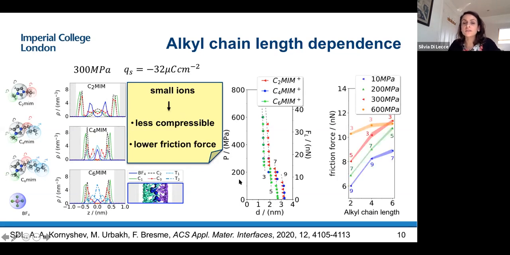The friction force, we notice, is actually increasing with the chain length, and this is happening for all the pressures analyzed. However, the increase is smaller for a larger pressure. So in general, small ions are better lubricants because they are less compressible, so they change less with the load, and also the friction force is actually smaller.